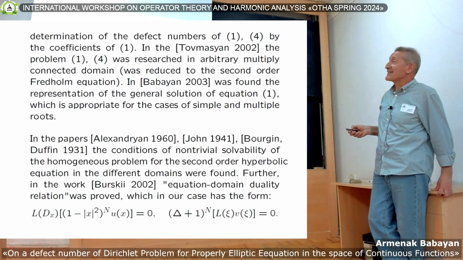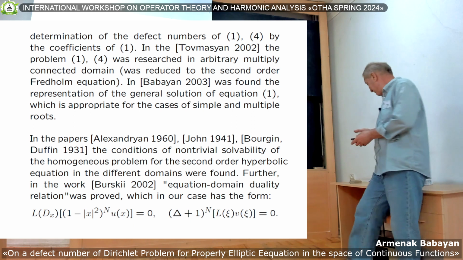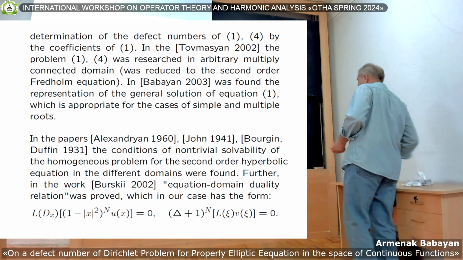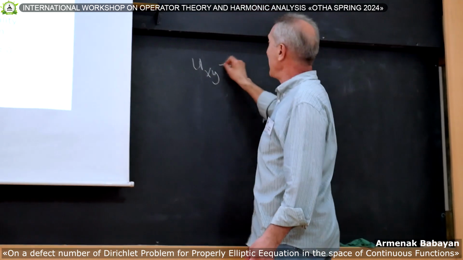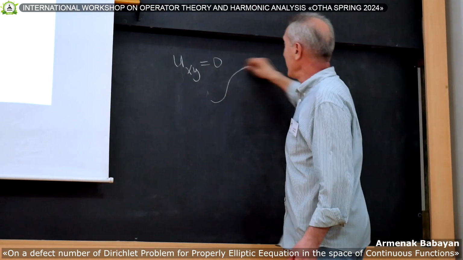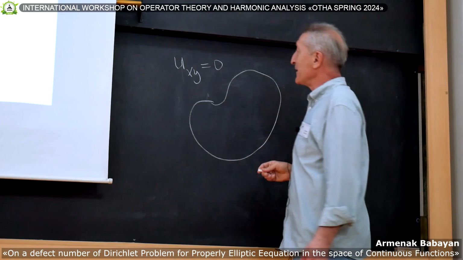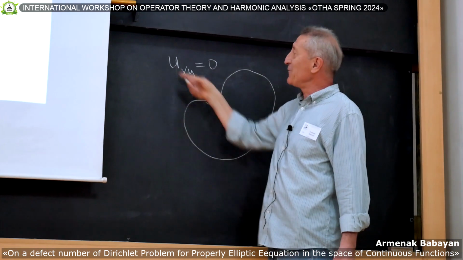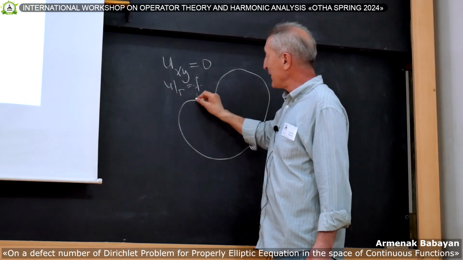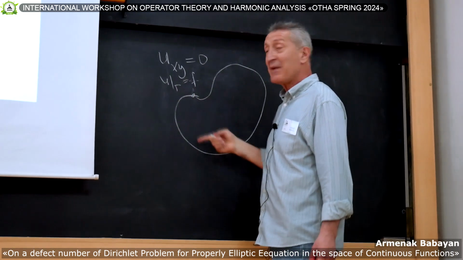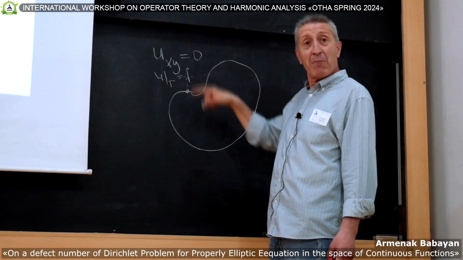John considers an arbitrary domain, but the equation was u x y equals 0. He considers an arbitrary domain and the unique solvability of the Dirichlet problem connected with the geometry of the boundaries.